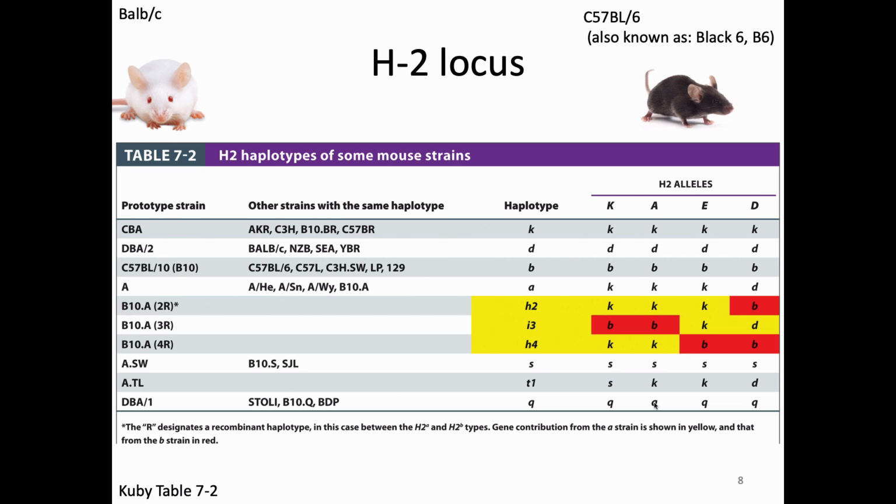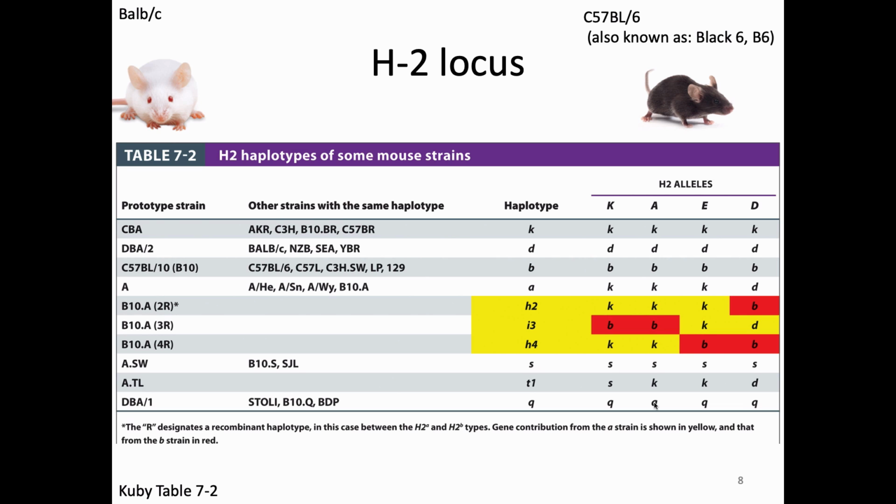Somebody once upon a time just decided that its type of all of the Ks, Ds, Ls, IAs, and IEs was D. Why not W? Because that would be too easy. It's just what it is. So this is known as the K of D, the D of D, the L of D, the IA of D, IE of D. I do remember that B is for black, so I can see why you want W. But nope, it's D.